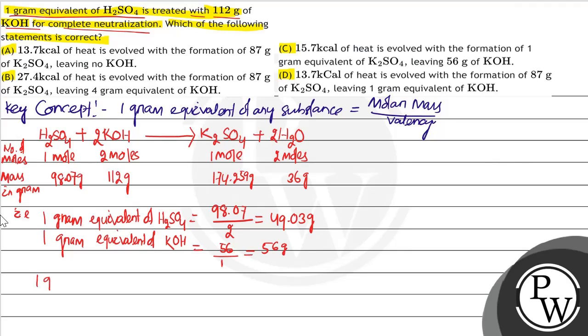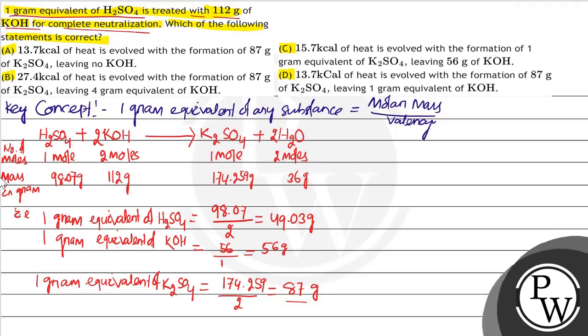Likewise, 1 gram equivalent of K2SO4 is equal to 174.259 by 2. We can write it as approximately 87 gram.